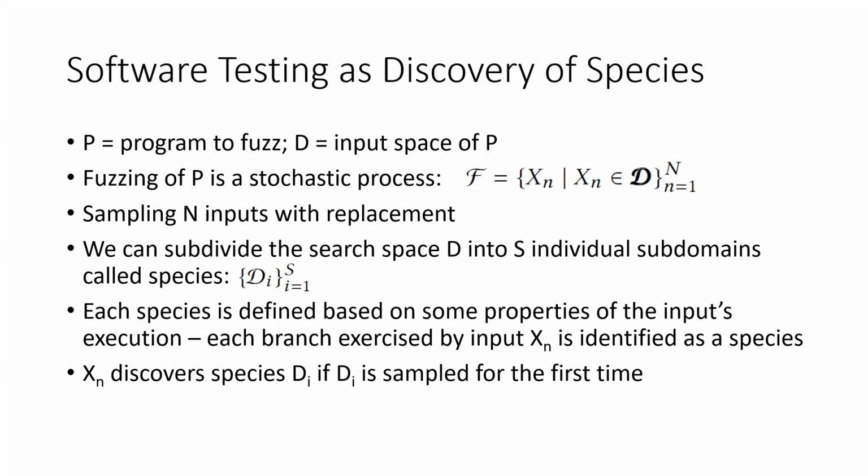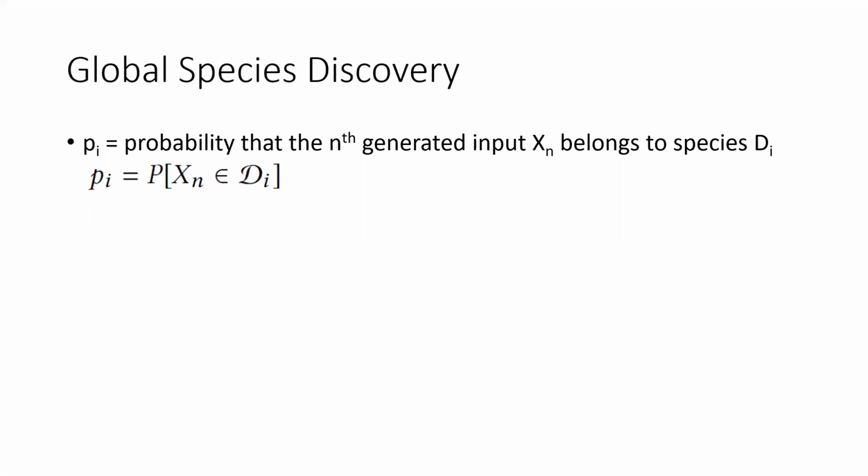Okay, so I got it. D_i is actually the branch here. Yeah, di is like a branch. They call this the global species discovery.